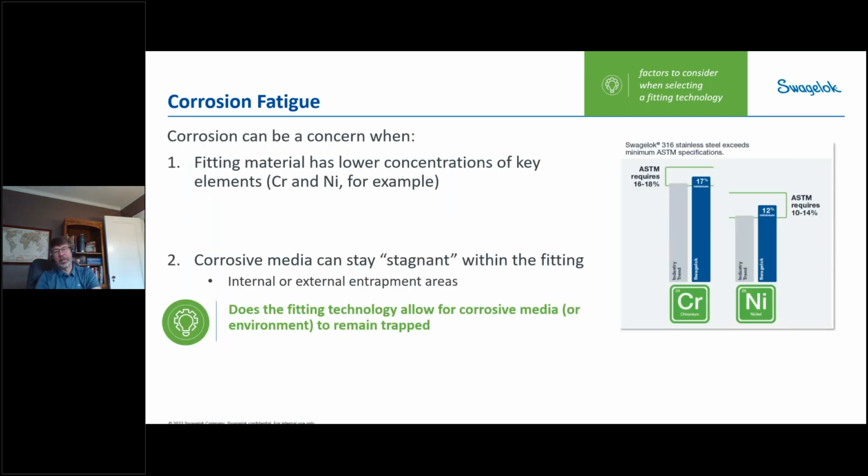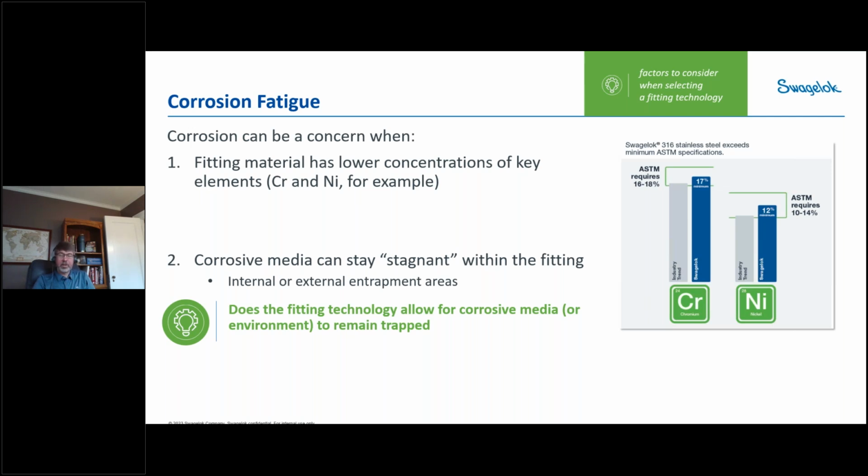And then lastly, it's the amount of corrosion that fitting can see. Now, sometimes this is not a concern because the media or the environment the fitting is in is not corrosive at all, so it's not really a problem. But many times it can be a problem, either because of the media flowing through the fitting or the environment the fitting is in, such as seawater or salt spray or something.